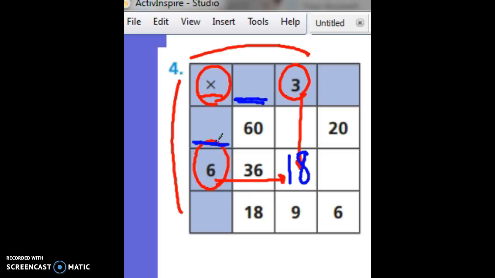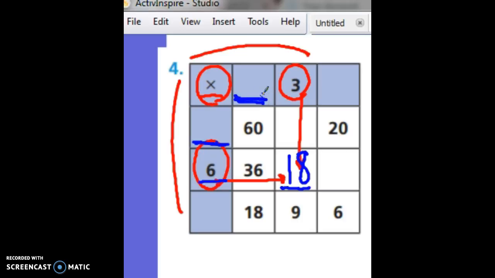Now that I know my 18 is right here, I can keep going and see what else I can figure out. If I look at the 36, which is right next to the 18, I have my total, because my totals are all in the white box. Those are my products. So if I know my total, and then I know one other partner number, I can find the other number on the top.